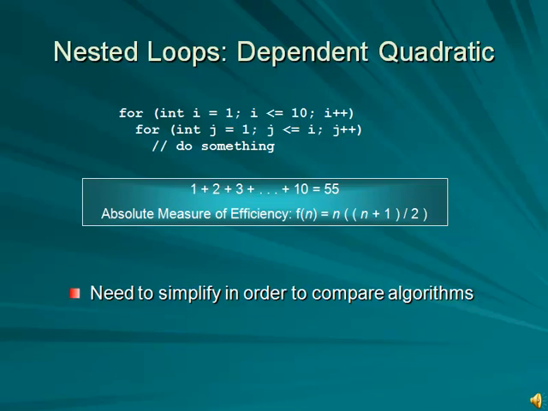The absolute measure of efficiency is shown there as n(n+1)/2. However, that's more detailed than is necessary, and we can simplify that in order to compare this algorithm with other algorithms.